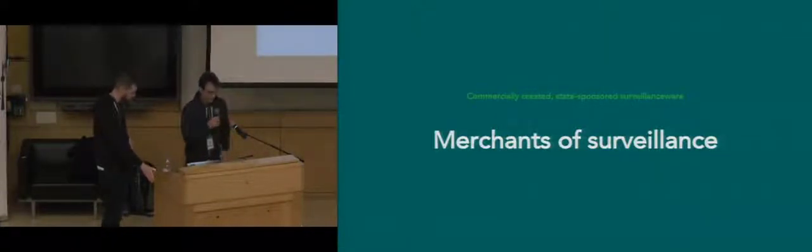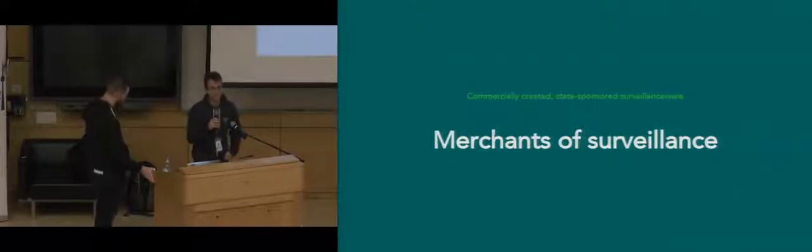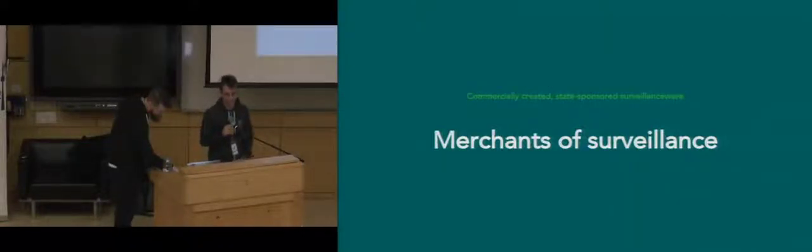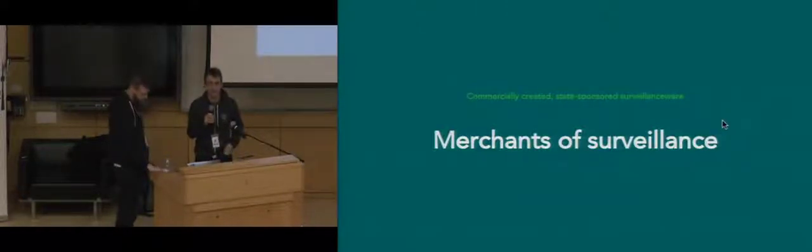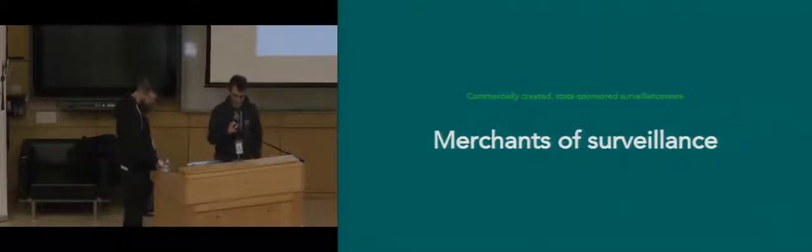So in summer 2016, Citizen Lab from the University of Toronto approached us with a surveillanceware that had been used to target a high-profile activist in the United Arab Emirates.